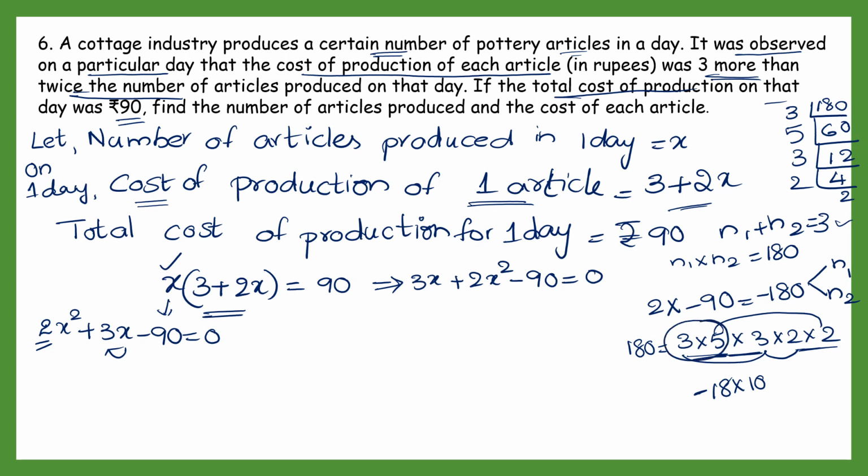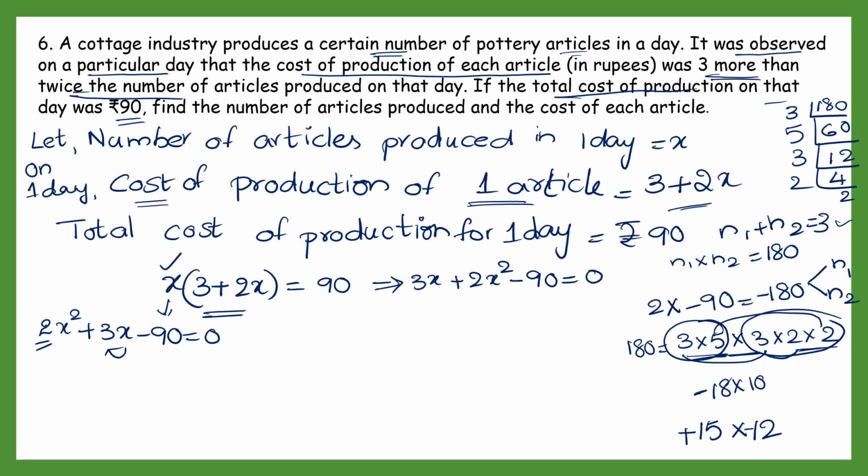These two numbers and these three numbers if you take, 5 3s are 15 into 2 2s are 4, 4 3s are 12. You need minus 180, so take plus 15 and minus 12.